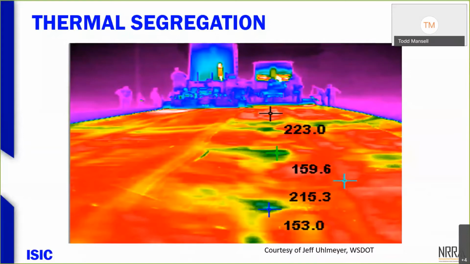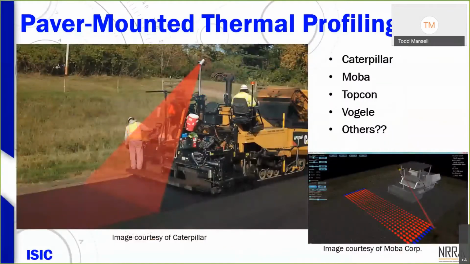I like the term differential better than segregation, just because we're talking temperature here. So we've got material segregation, thermal segregation, and with that, we will jump into some of the technologies that help us solve those problems when it comes to construction in the field.